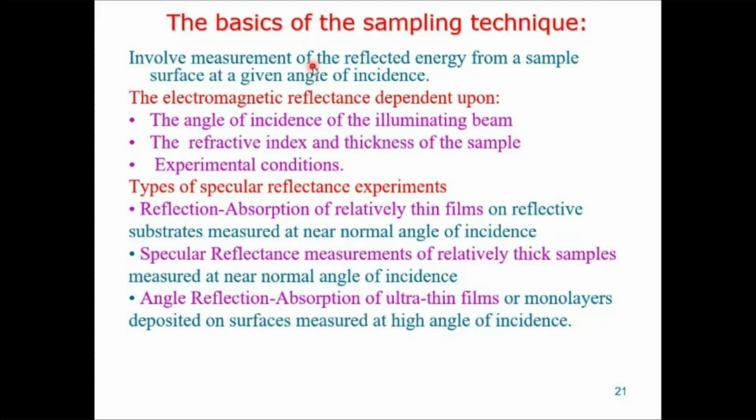In transmittance, IR light is passing through the sample. In reflectance, it is a surface phenomenon. So the number of molecules involved will be less. The electromagnetic reflectance depends first on the angle of incidence of the illumination beam, second the refractive index and the thickness of the sample, third experimental conditions.